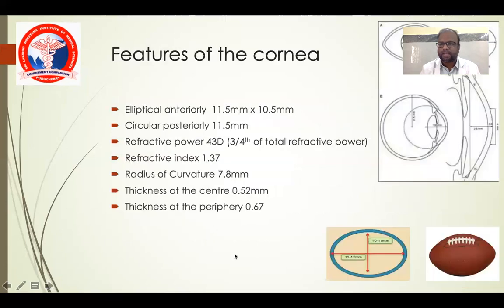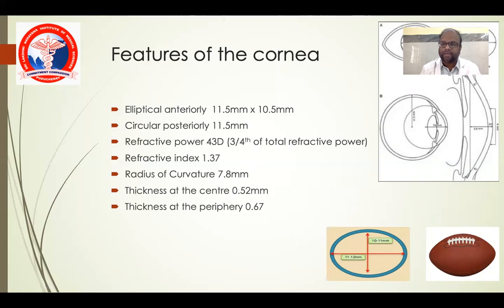Okay, coming to the basic features of the cornea. The cornea, as I said, is elliptical anteriorly, with the horizontal diameter being 11 to 12 millimeters, while the vertical diameter is 10 to 11 millimeters. You can imagine the cornea to be like a rugby ball, which is slightly elliptical. While the anterior surface of the cornea is elliptical, the posterior surface is not elliptical, it is somewhat circular.